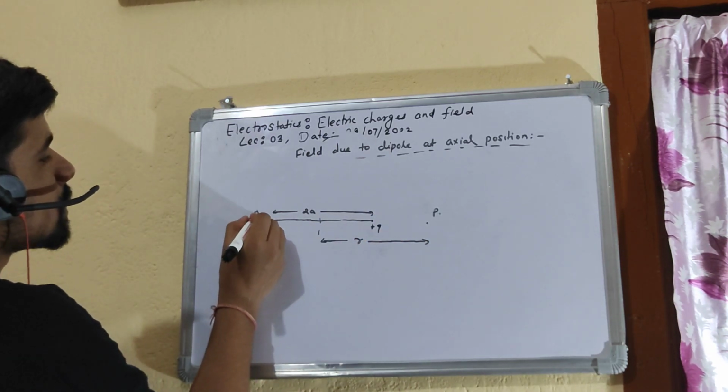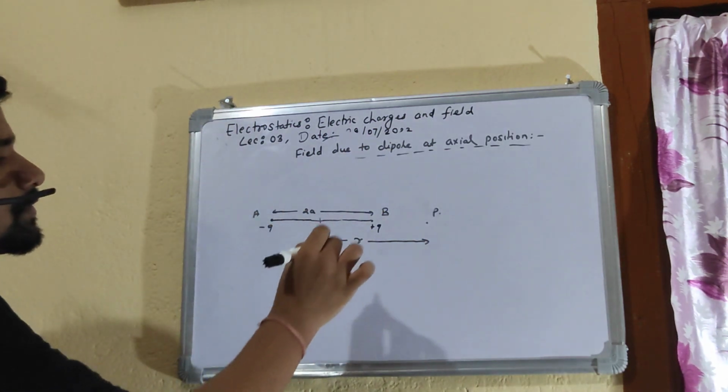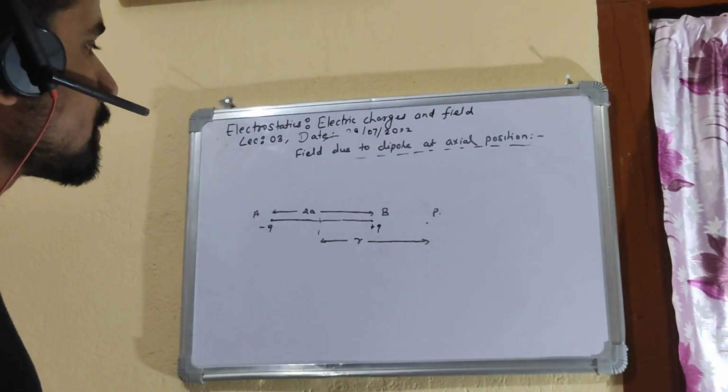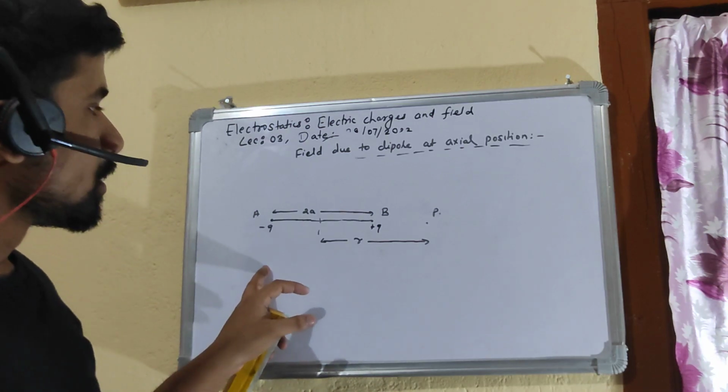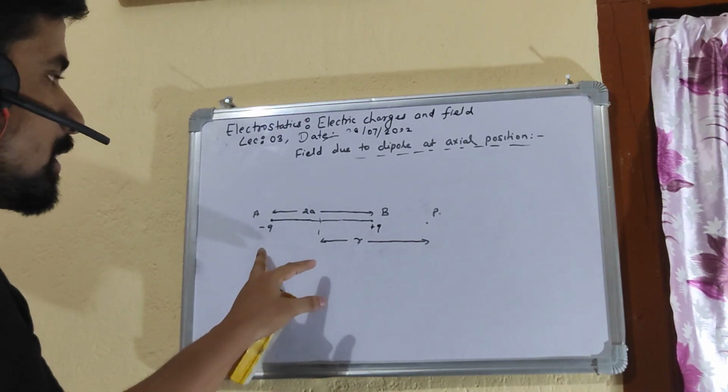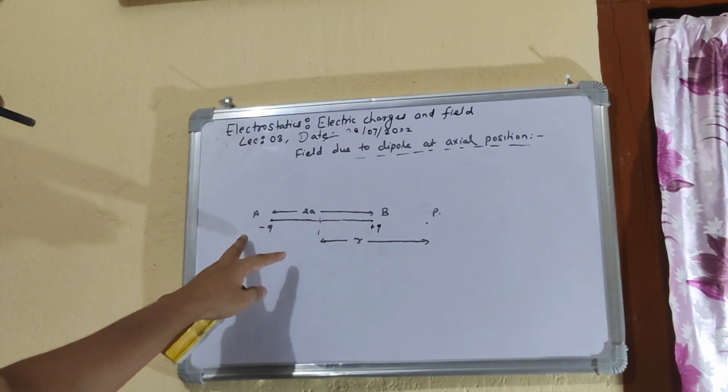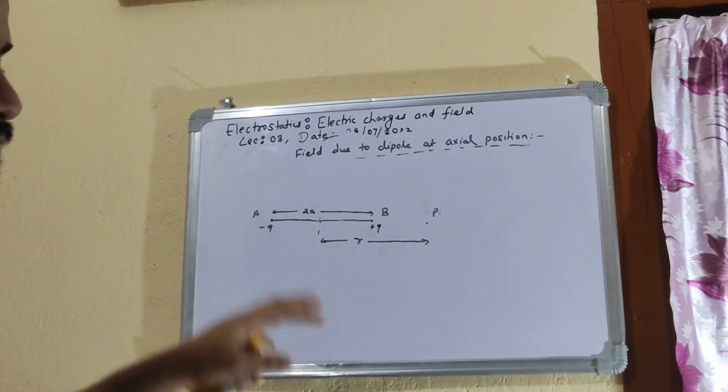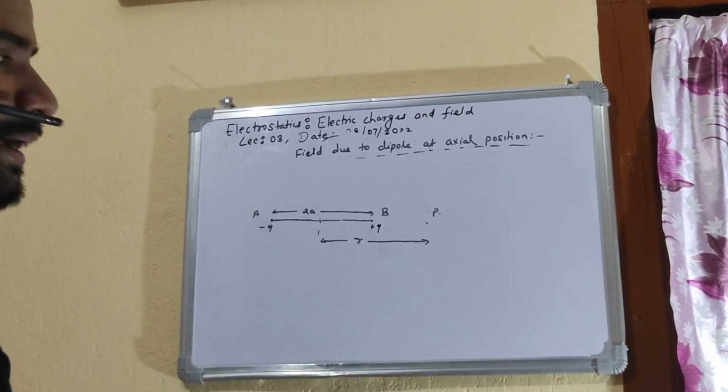So these two charges placed at A and B are the system of dipole, and this is my point of interest, which is P. So now we have two types of field acting here. One is because of this plus q, and another because of this minus q, right?